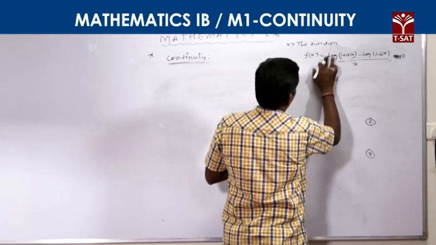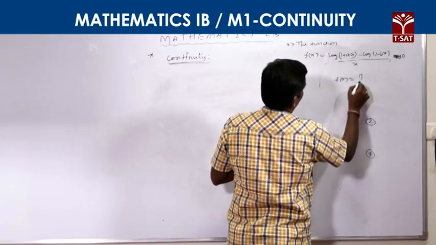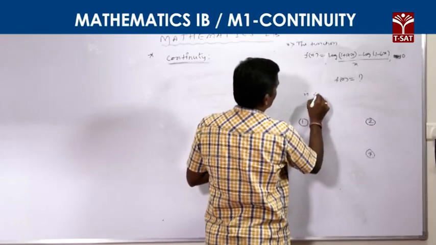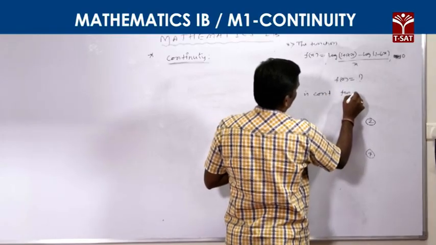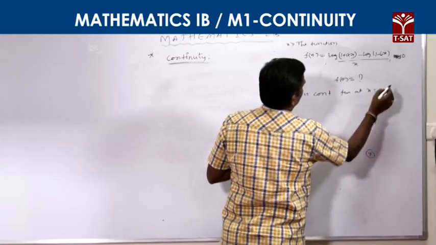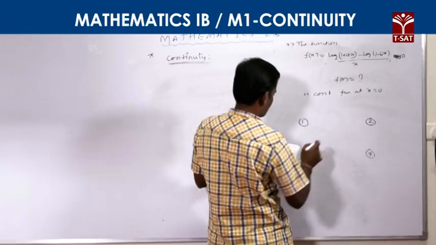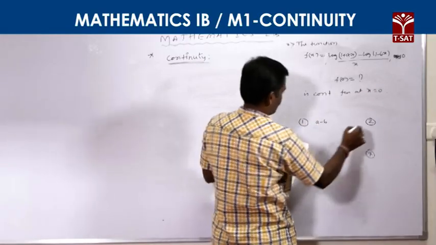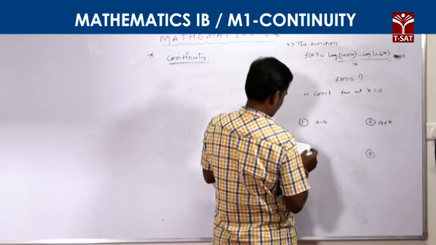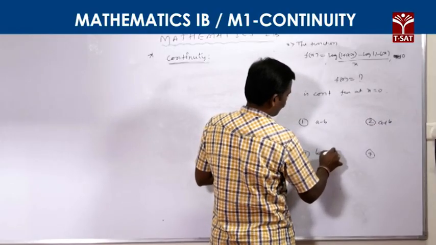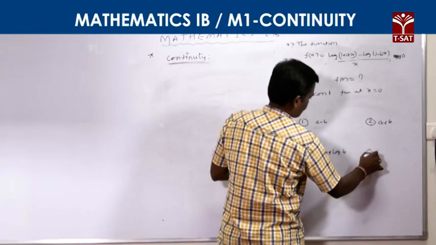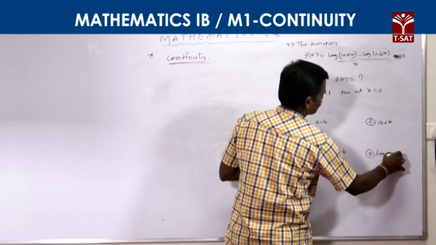Find f of 0, so that f is a continuous function at x equals 0. Options are a minus b, a plus b, log a plus log b, log a minus log b.